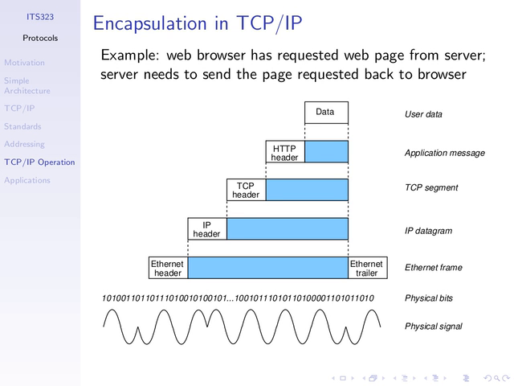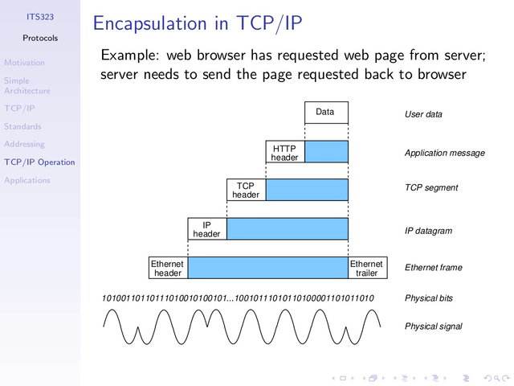Throughout this course we'll use kilobytes meaning 1000, not 1024 that you may see on hard drives, but the decimal value 1000, 10 to the power of 3. 10 kilobytes is 10,000 bytes. That's the size of the web page that we've requested and we're trying to transfer from the server to the web browser. That is the size of this data.